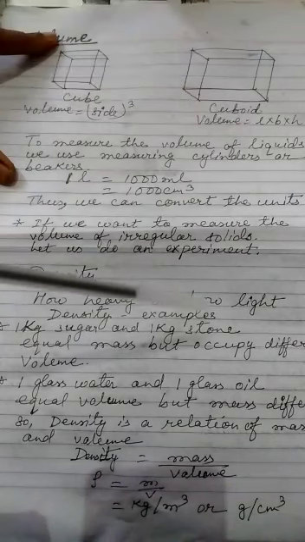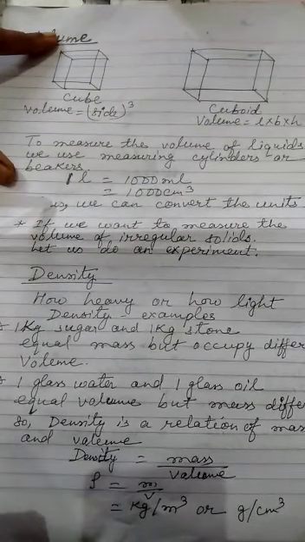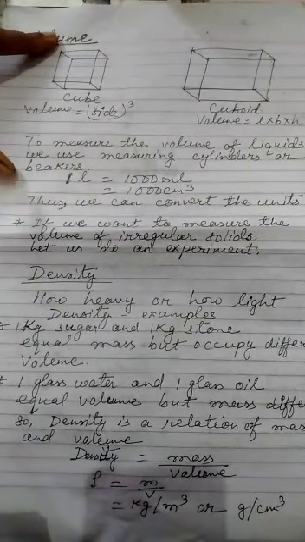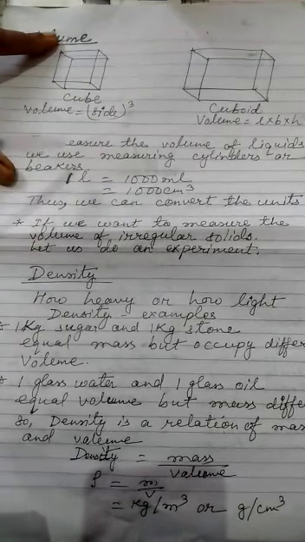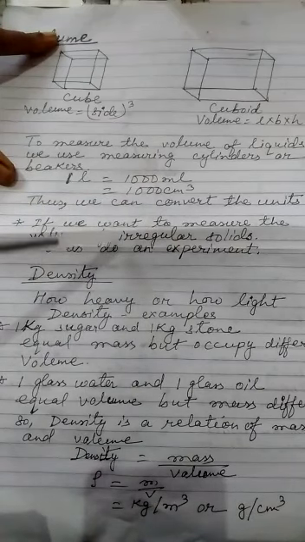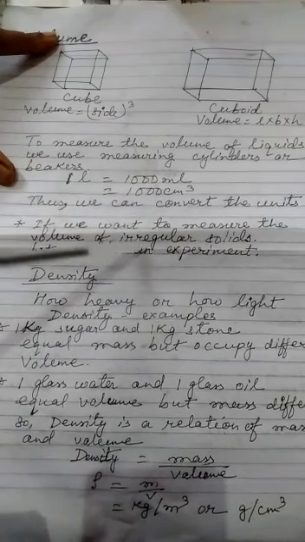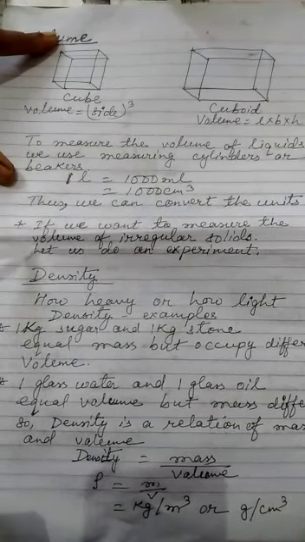When the liquid level rises, we will find the difference between the initial and final volume. That difference in the volume will give the volume of the water displaced by the solid. So, we can find the volume of the irregular shaped solid by using that method.